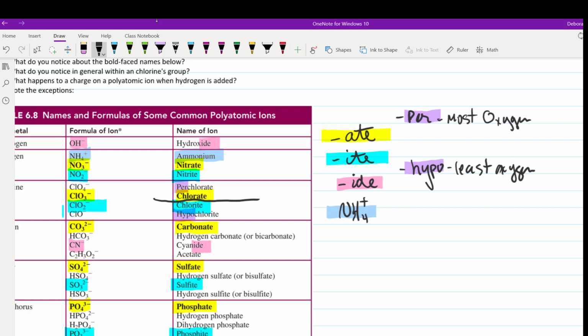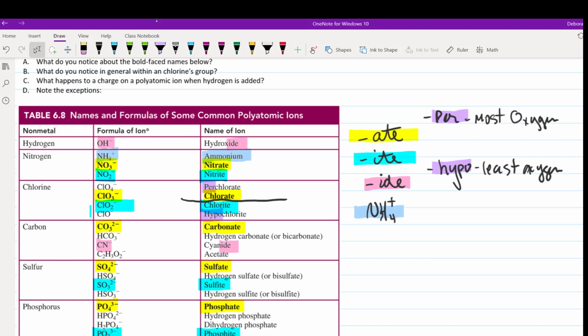There's one other thing about this chart that I'm going to ask. What happens to the charge on a polyatomic ion when hydrogen is added? You can see those in the list here: hydrogen carbonate, hydrogen sulfate, hydrogen sulfite, and these two here.